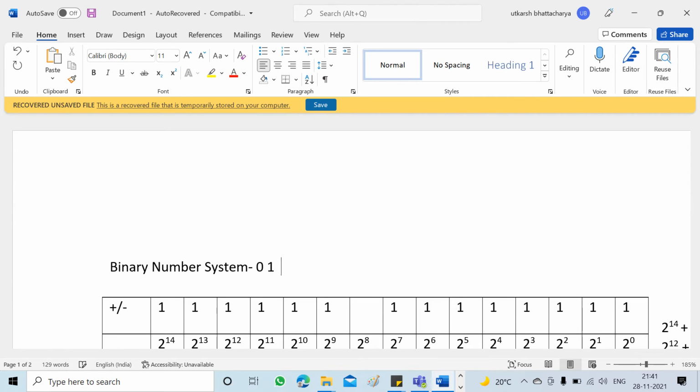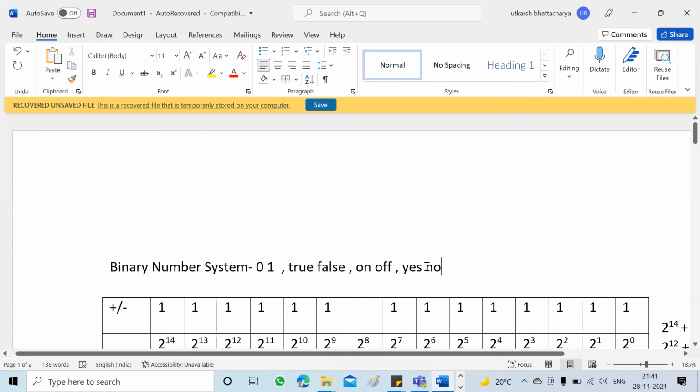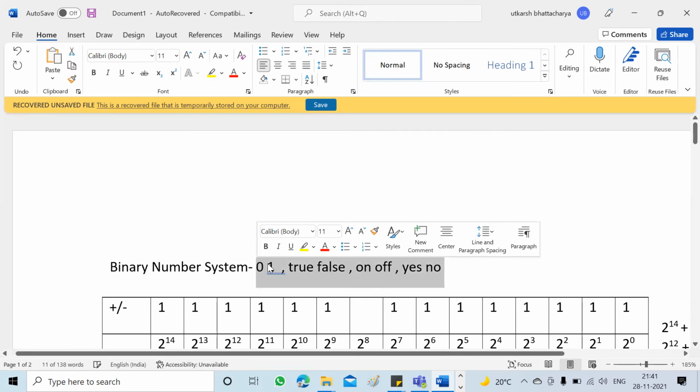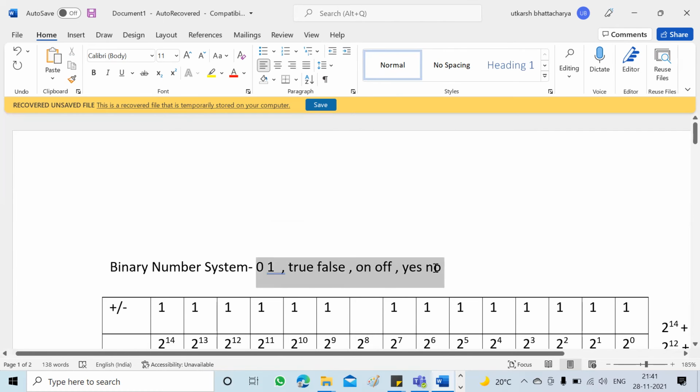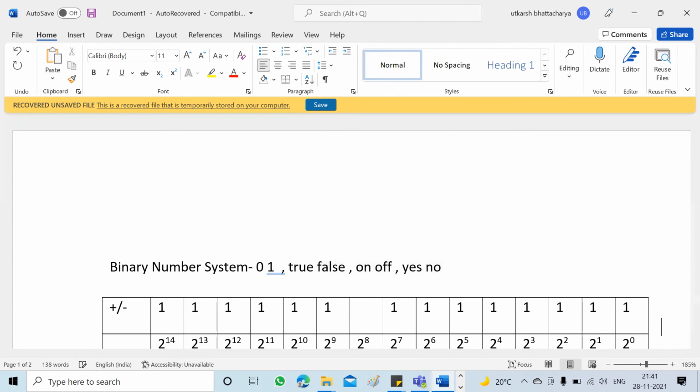That 0 and 1 can be true, false, on, off, yes, no. This is the only language that the computer understands, and everything it does is translated into this language. I will tell you how it is translated.